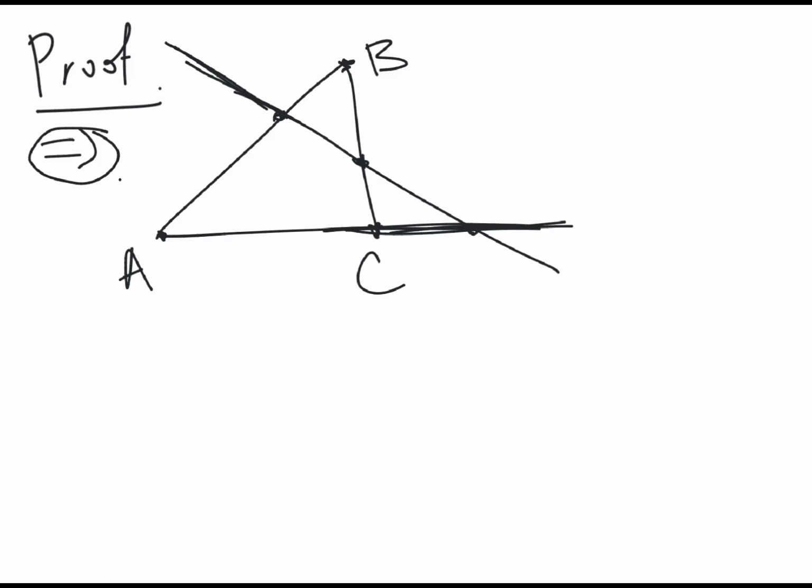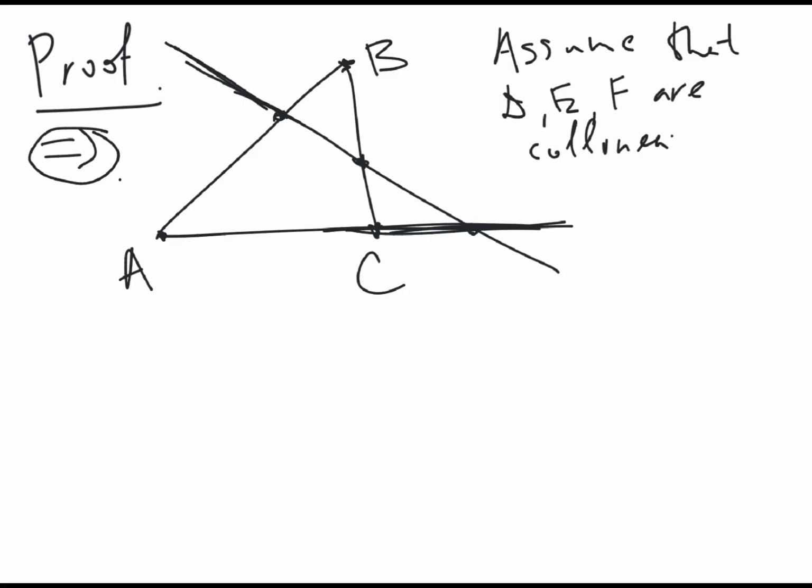We assume that the points D, E, F are collinear, and we need to prove that the product of these ratios is equal to -1.